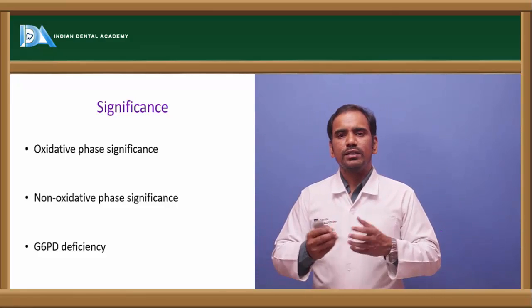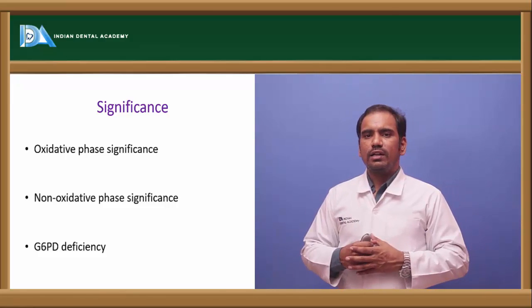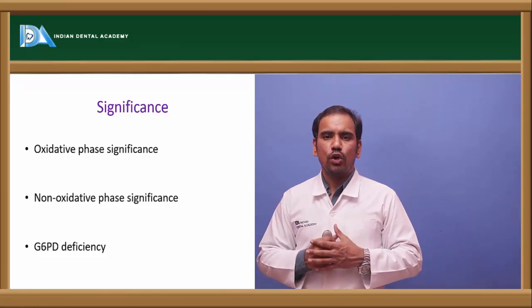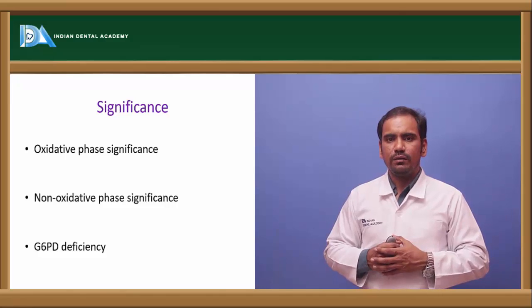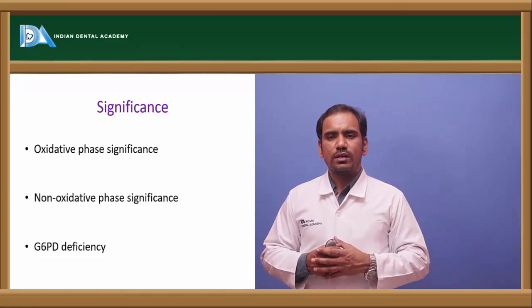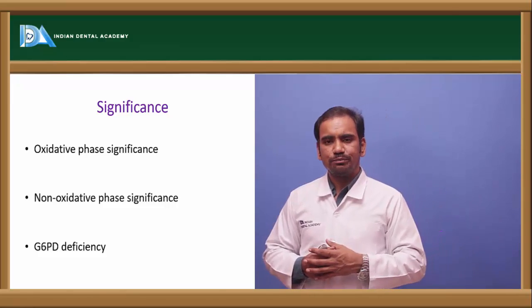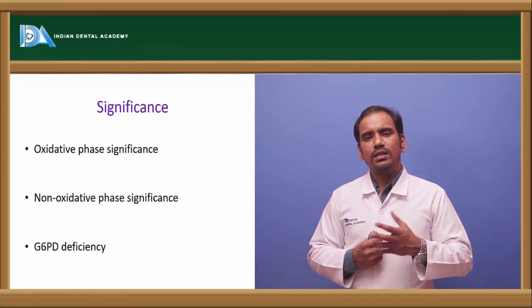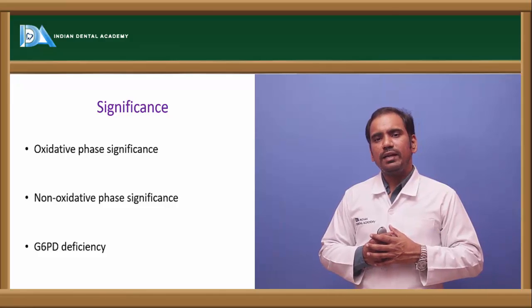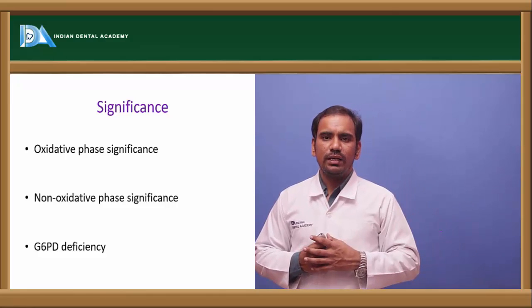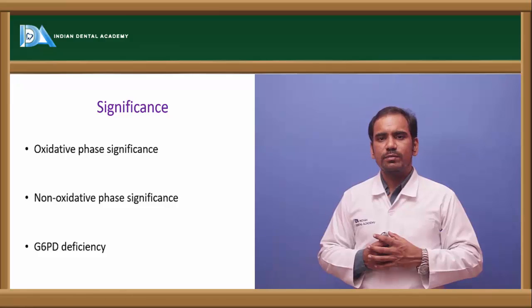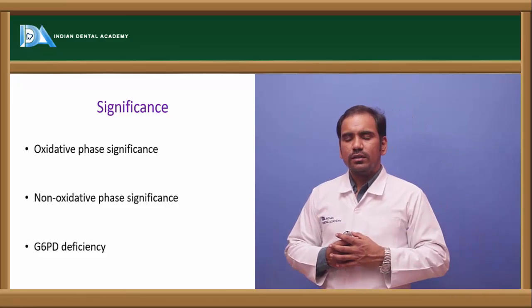Such synthetic reactions require NADPH, and it is supplied by the oxidative phase of the HMP pathway. Other uses of NADPH: it is utilized in phagocytosis, and it maintains the transparency of the lens of the eye.